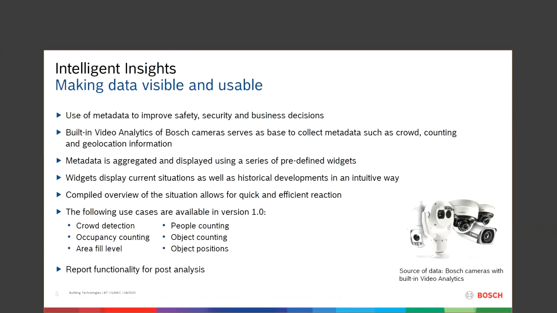Currently, with the first version, 1.0 of the Intelligent Insight software, we have 6 use cases which we can apply: crowd detection, occupancy counting, area fill level, people counting, object counting, and object positions.